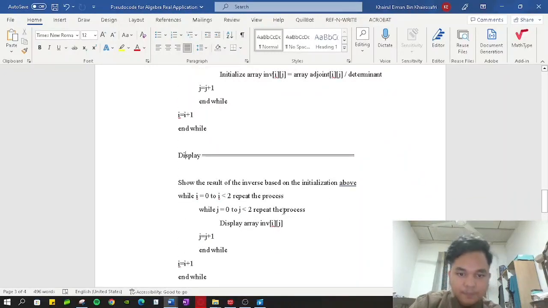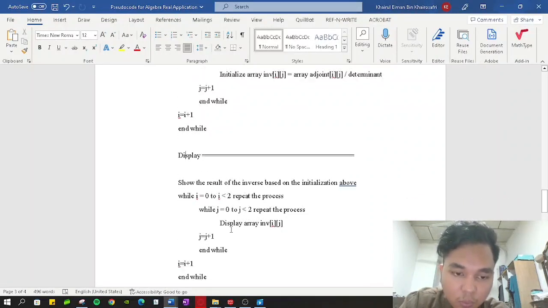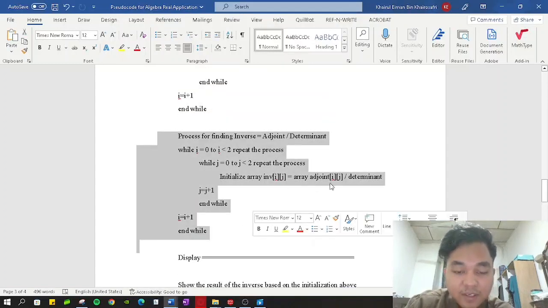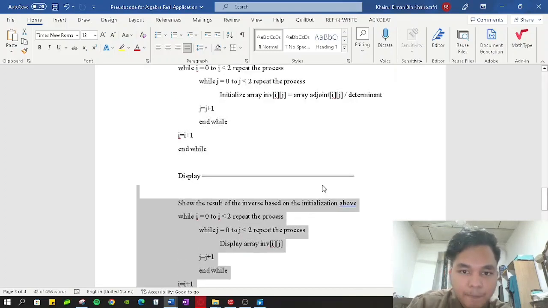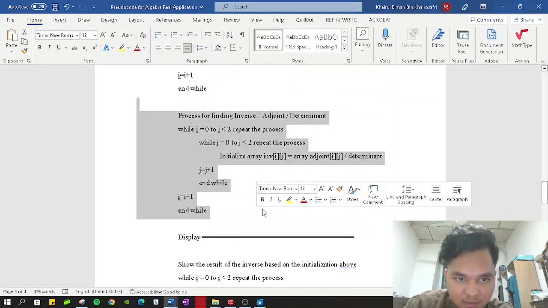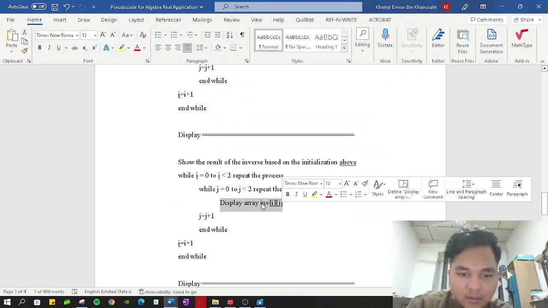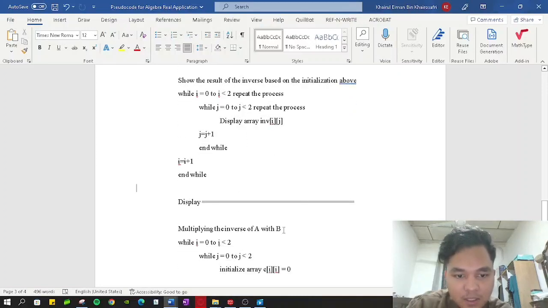Display line. So next, this is the process to show the inverse that we just got here. So same loop, display array INV, which means inverse. So same thing, display line.